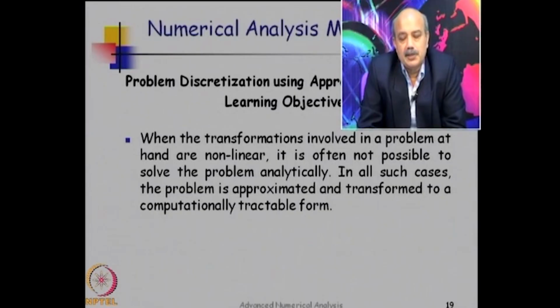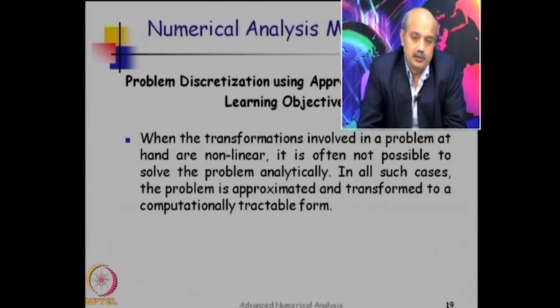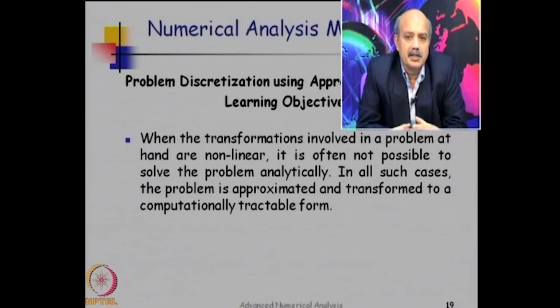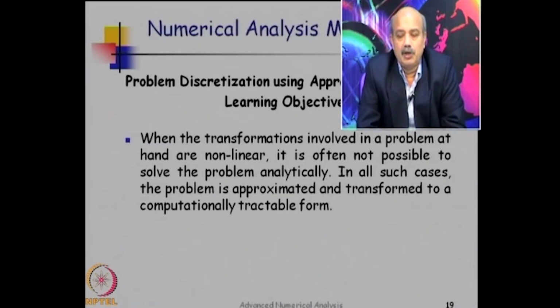So the first step is to convert a given problem into a problem which can be tackled using standard tools, and then we attack the problem to construct a solution. So by hook or crook, by using multiple ideas together from approximation theory, we actually transform the problem to a computable form.